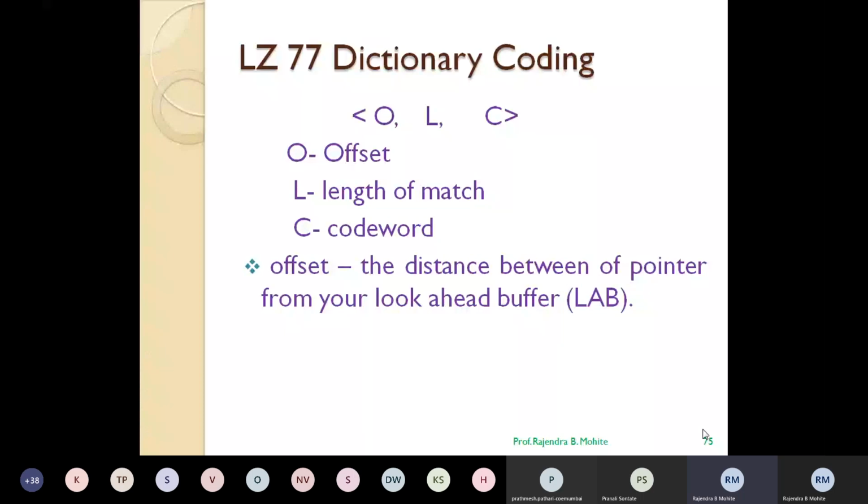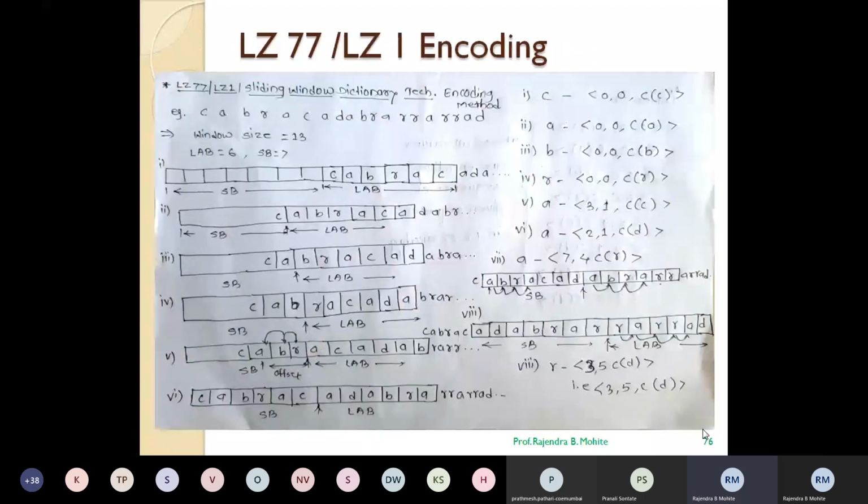So the distance of a pointer from your look ahead buffer is called the offset. We will see how to calculate the offset, the length of match, and the code word using LZ77 dictionary coding in the encoding method. We can use one example. It uses the sliding window technique.